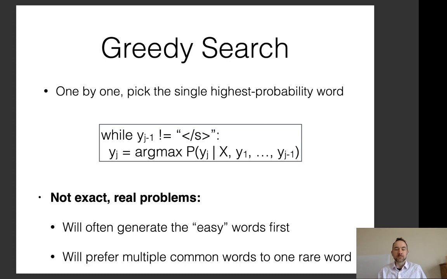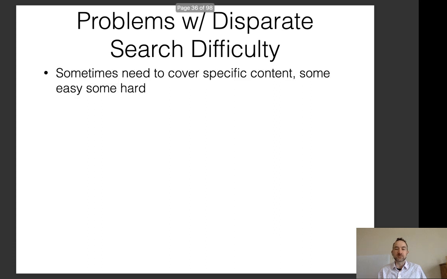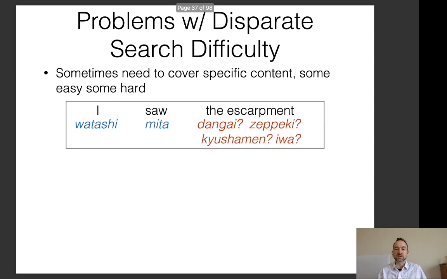Just to give a couple of examples, we can have problems with disparate search difficulty, where sometimes we need to cover specific content, some easy and some hard. Let's think of the problem of translating a sentence like this: "I saw the escarpment."